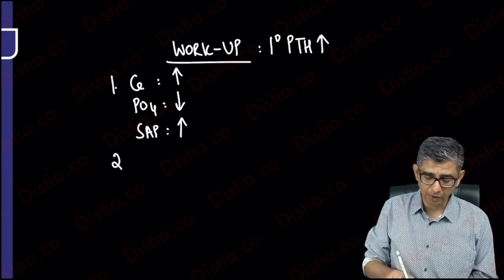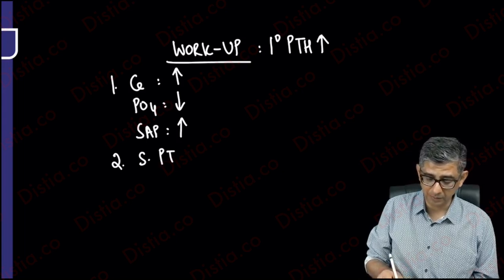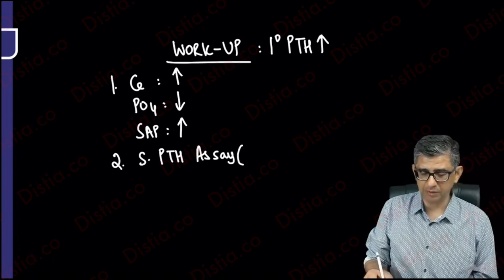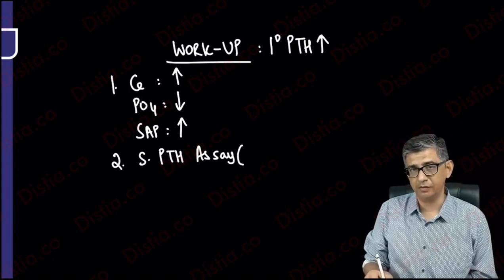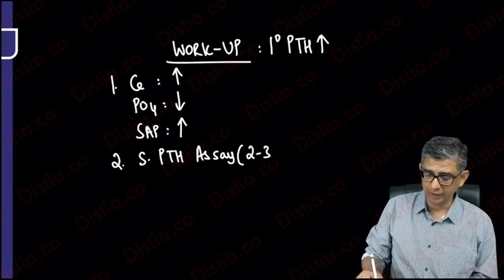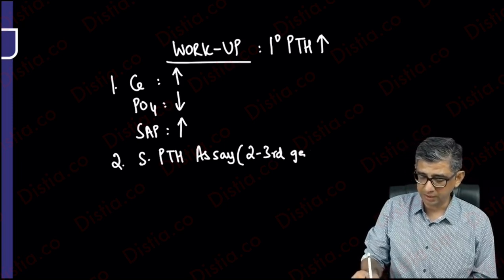The moment I see this report, the test that I'm going to write for this patient is a serum PTH assay. You see, the serum PTH assay has itself undergone a lot of evolution. In the textbook, you will read about second generation or third generation kits available.